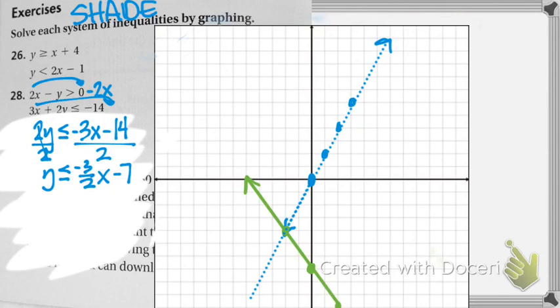Okay, so now shading. For the top line, I need to shade below it, or not for the top line, for the bottom line I need to shade below. So shade below this line.